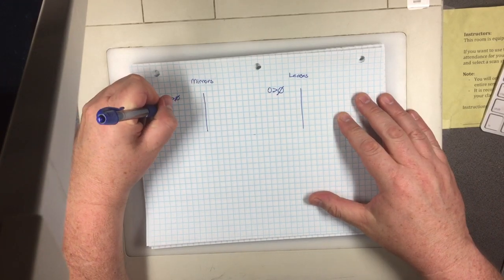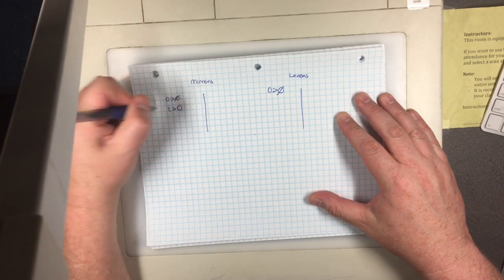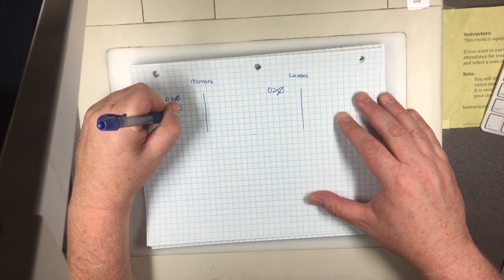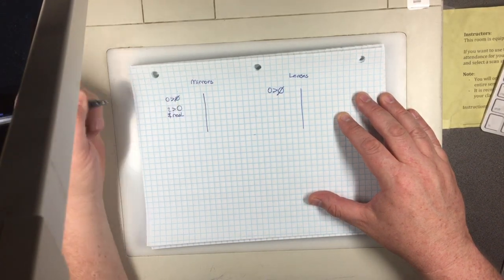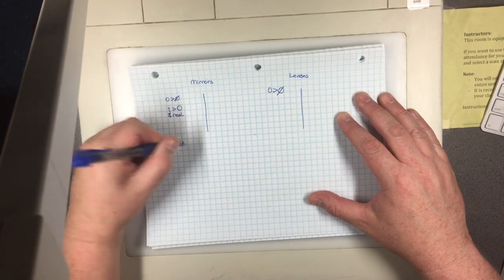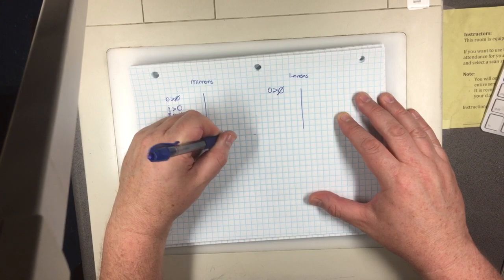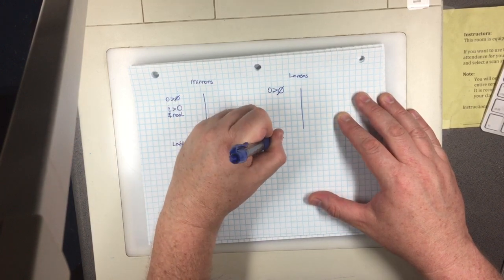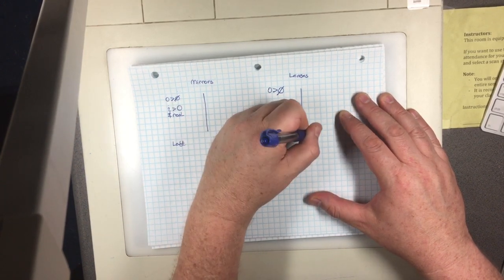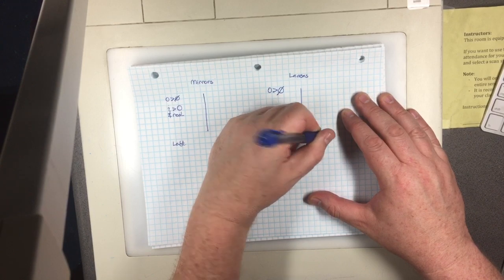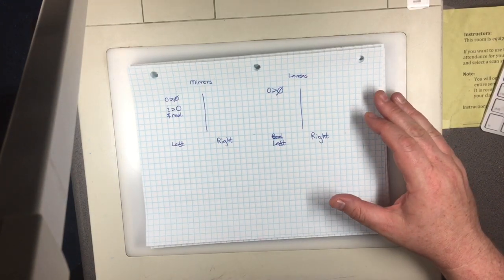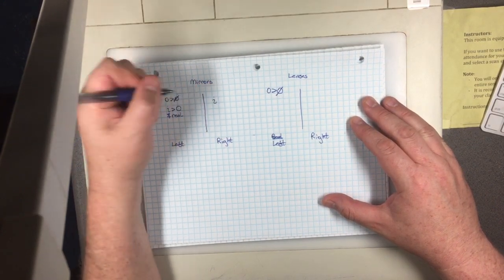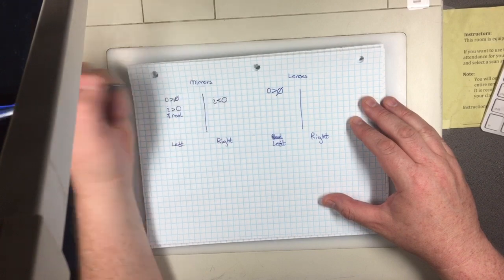For a mirror, if the image is to the left, the image distance is greater than 0 and real. If the image is to the right of a mirror, the image distance is less than 0.